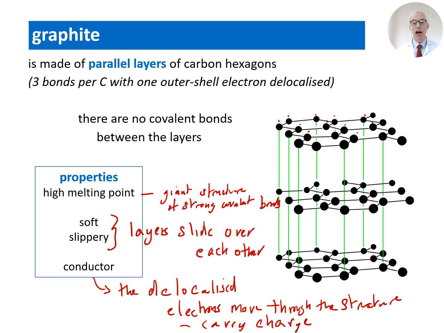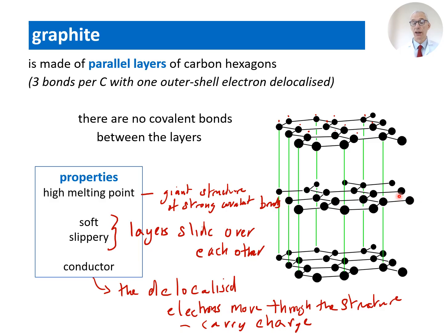So there are our explanations, or the standard explanations, for the properties of graphite. High melting point, well, it's a giant structure of strong covalent bonds. Why is it at the same time soft and slippery? Well, there are no covalent bonds between the layers, just, if you recall the concept, weak intermolecular forces.